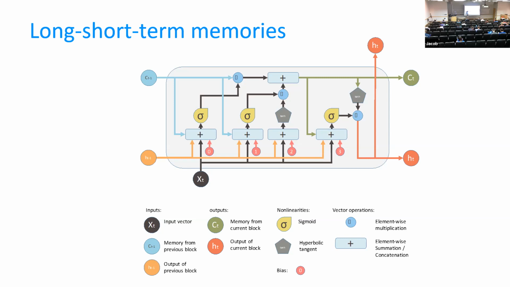Or we can multiply each of these individual xt, ht minus 1, and ct minus 1 by its individual weight matrix, and then add them together. So it's either concatenate then weight matrix, or weight matrix then add. Does that make sense? And then follow that up with a sigmoid activation, which smushes those values between 0 and 1.